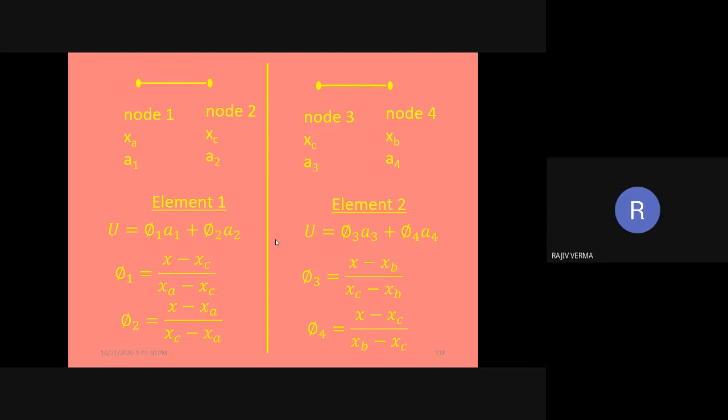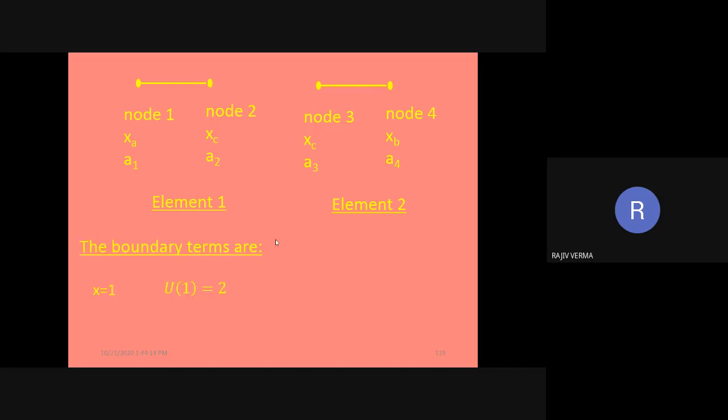And then coming to the boundary conditions, we have element number 1 and element number 2. The boundary conditions are prescribed at x equal to x1, which happens to be xa, that is the left point in element number 1.